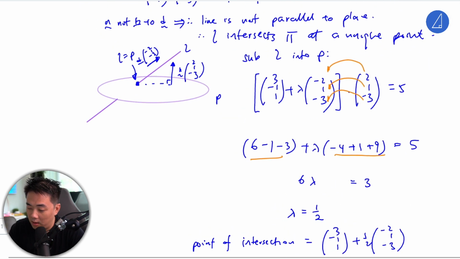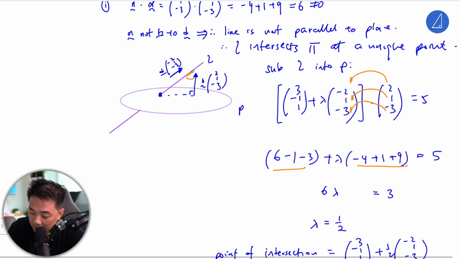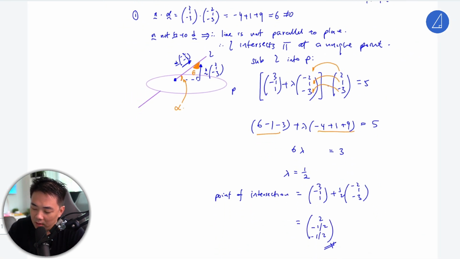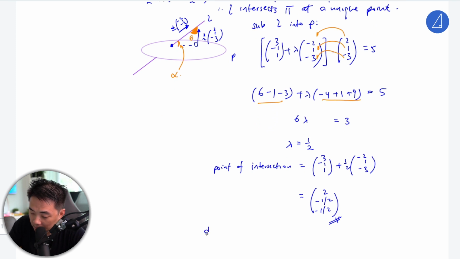Very important, when you dot these two, the angle that you get is over here. Just remember that. What we need is this angle here, which is 90 minus theta. Maybe I'll put this as alpha instead.